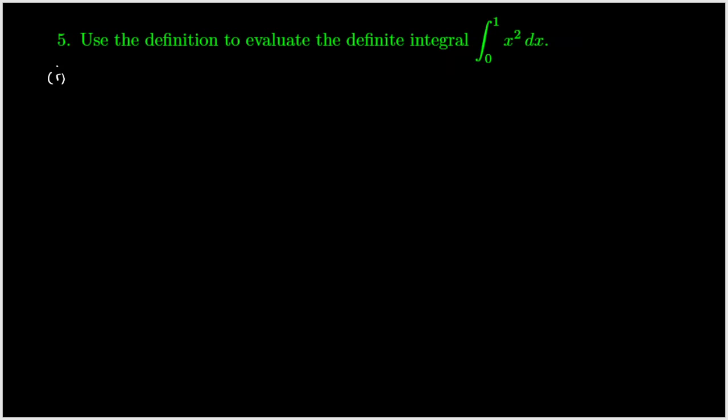This time I'm going to give you some better wording. The first thing you do is to divide the interval from 0 to 1 into n subintervals with the regular partition.